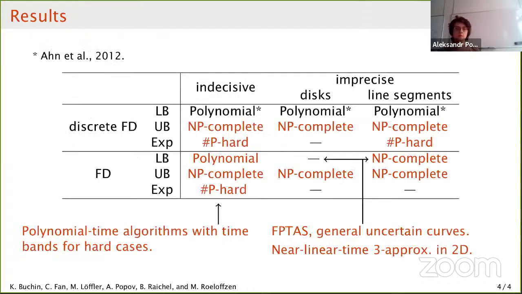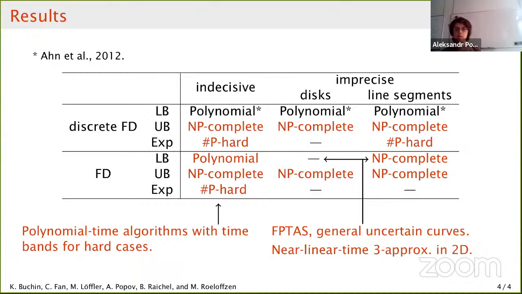And in terms of our results, here on the slide, everything in red is what we discuss in the paper and also in the talk. We looked at the lower bound, upper bound, and expected distances. This means we look at a combination of, let's say, discrete Fréchet distance and imprecise model.